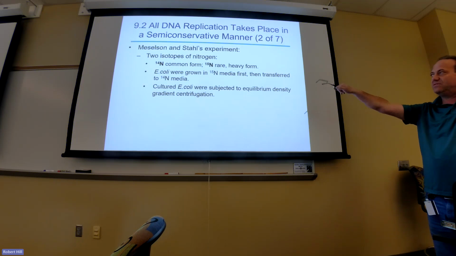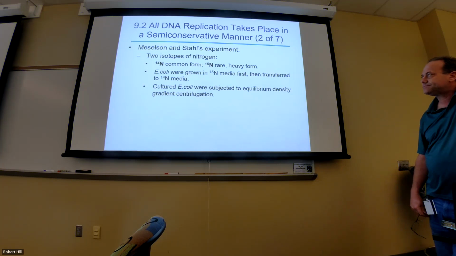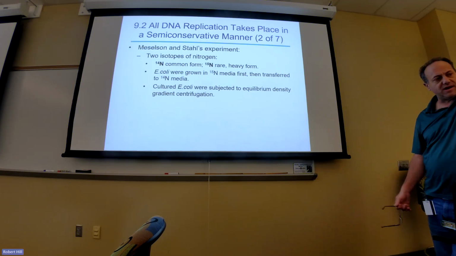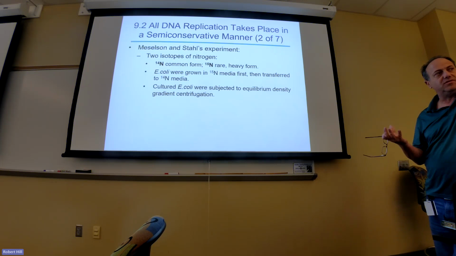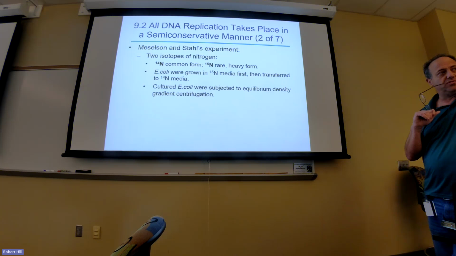When I say normal, it's still radioactive so that they can pick it up, but it's closer to the normal weight of nitrogen. Think about what's going to happen. The first round of replication, 50% of the DNA is going to be heavy. And as it goes through subsequent rounds of DNA replication, you're going to start to lose that heavy molecule over time.